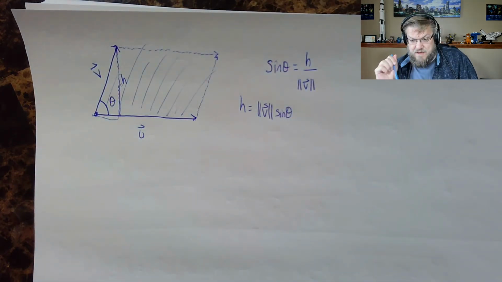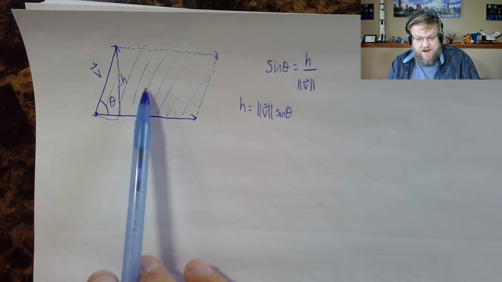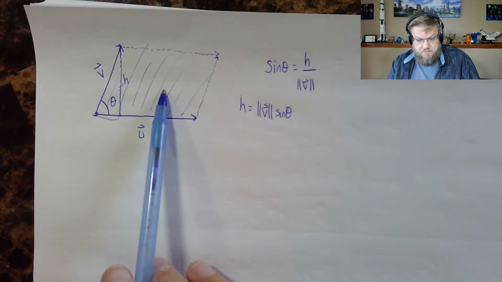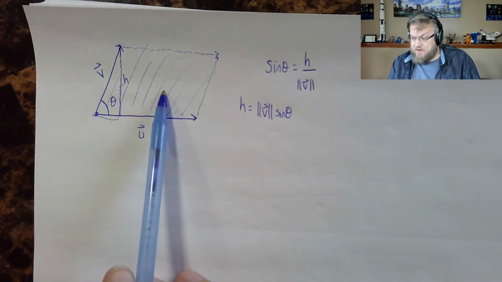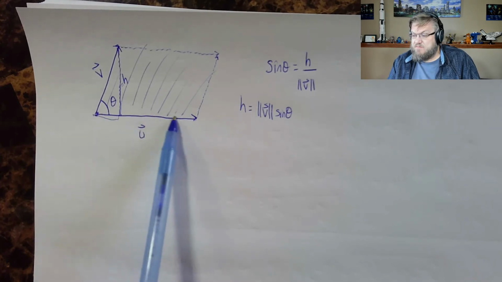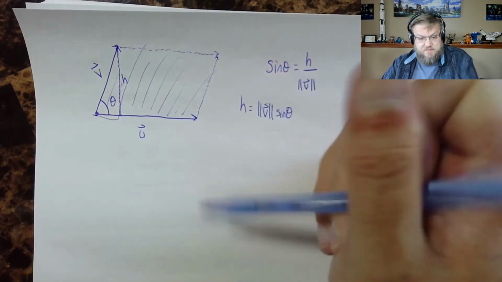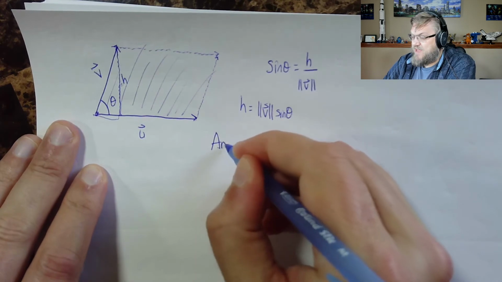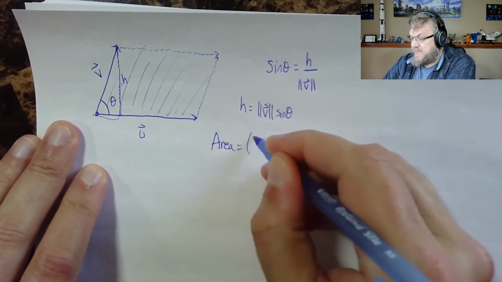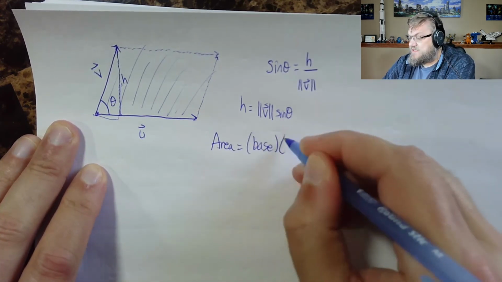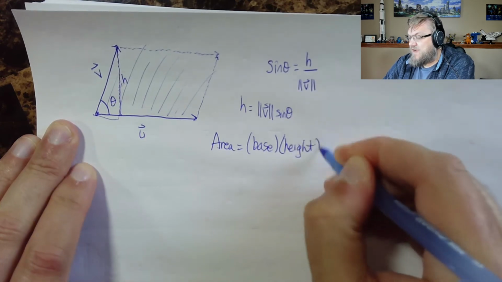Now, what would be the area of this parallelogram? The area of a parallelogram is simply the length of its base times its height. So let me go ahead and write that down. The area of the parallelogram is its base length times its height. Right?